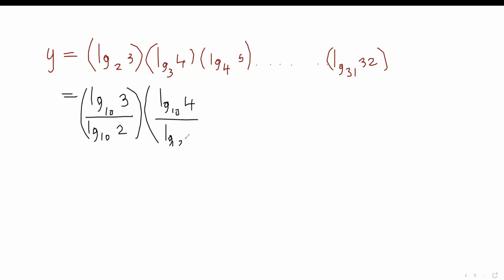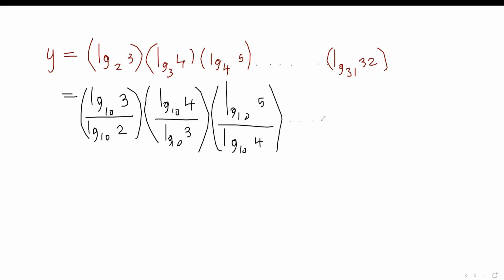Oh gosh, this is easy. We're going to change log to base 4 of 5 to log to base 10 of 5 divided by log to base 10 of 4. Nice. And we're going to continue and continue.